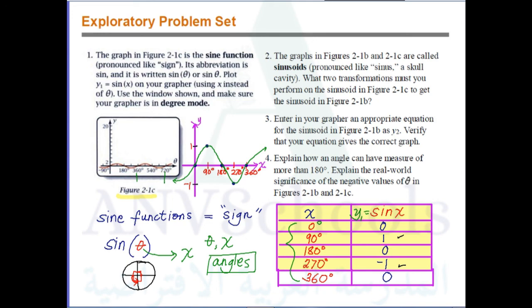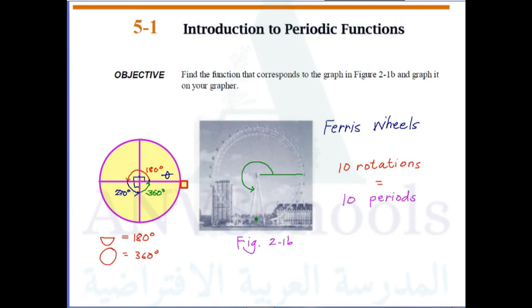Well, this real-world significance is that in this Ferris wheel, at a point in time where you go to here, 270 degrees, look, in the Cartesian coordinates, you have x here, you have y here, and when you go here to 270 degrees, you get a negative value, right?